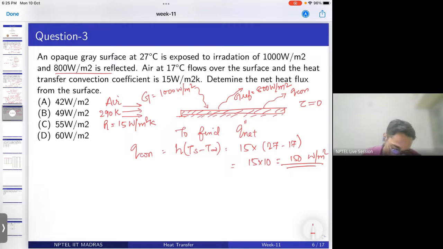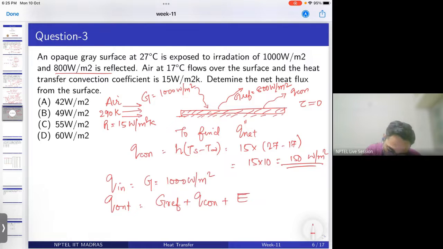So what is the energy that is coming in? That is Q in, the irradiation, that is 1000 watts per meter square. What is Q out? That is G reflected plus Q convection plus the emission from the surface.